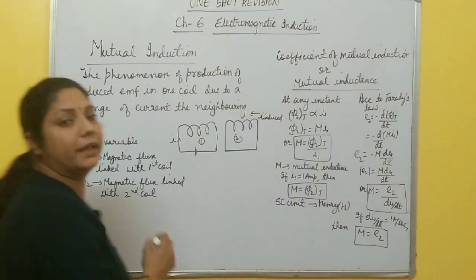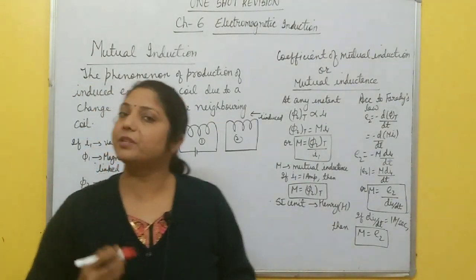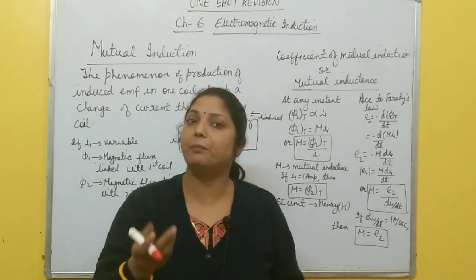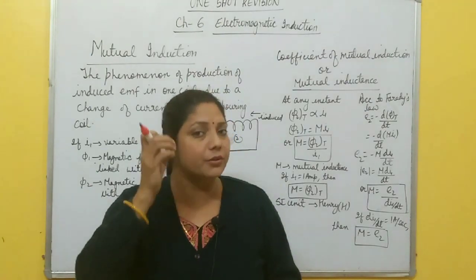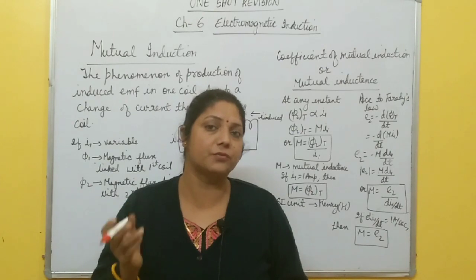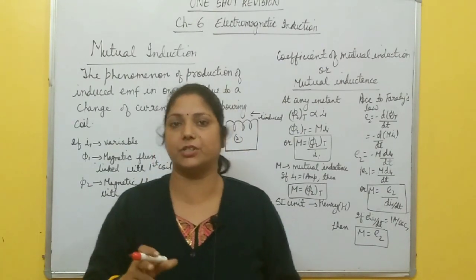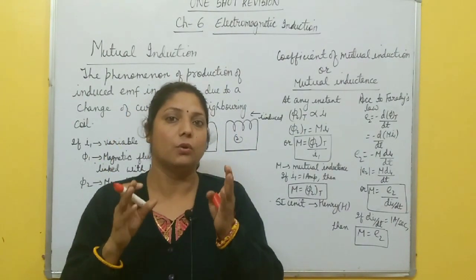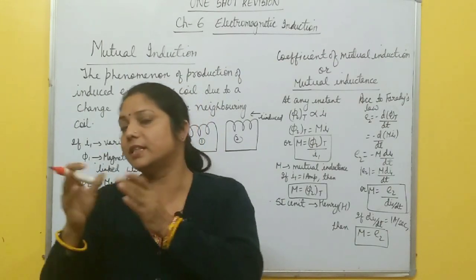Now, mutual induction. You already know about self-induction, the phenomenon of production of induced EMF in the same coil in which the current is flowing. Here, mutual induction means there are two coils. One is primary and the other one is secondary.